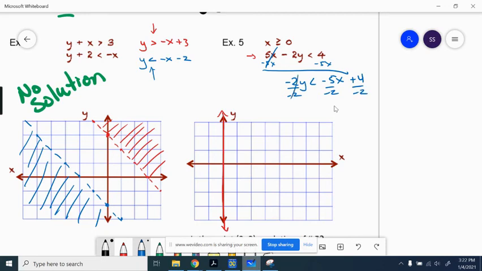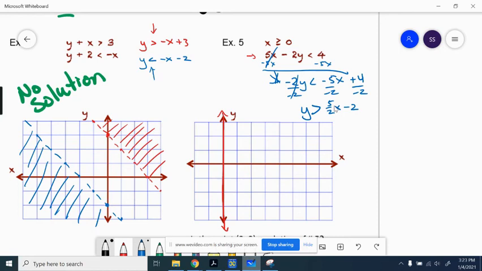I'm left with y is greater than, switch the sign, don't forget that, 5 over 2 positive. Remember, we're going to keep this a fraction, but if we have a negative over a negative, we have to recognize that the fraction is positive. And positive 4 divided by -2 is -2. All right, so now we can go ahead and plot this out.